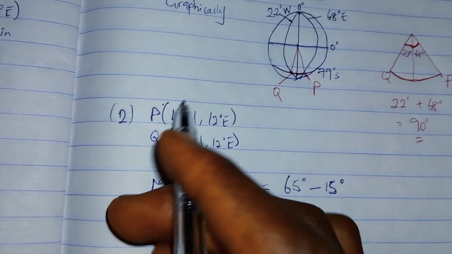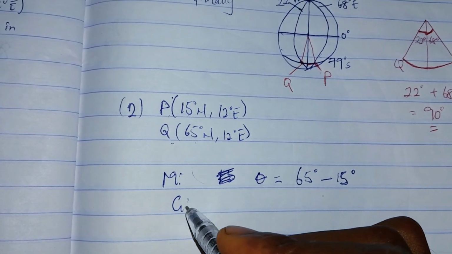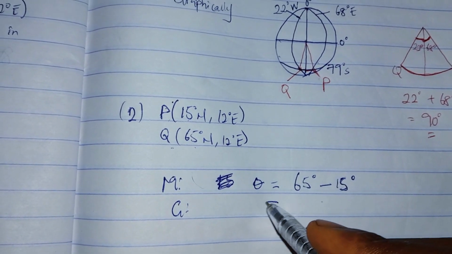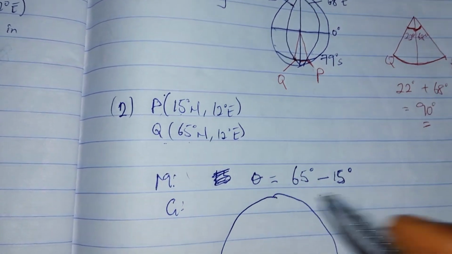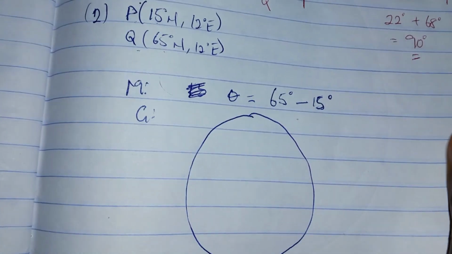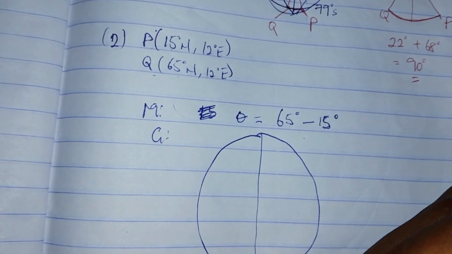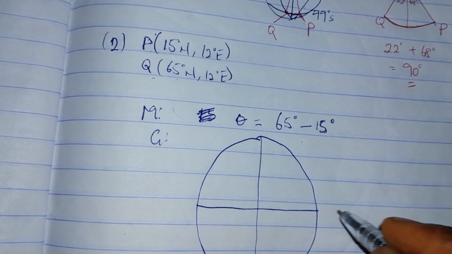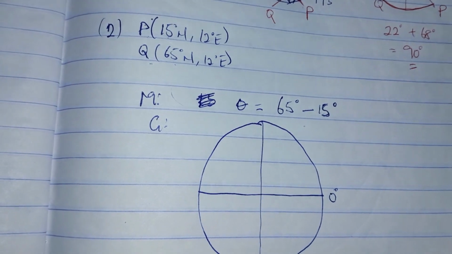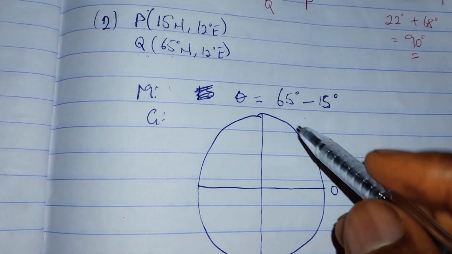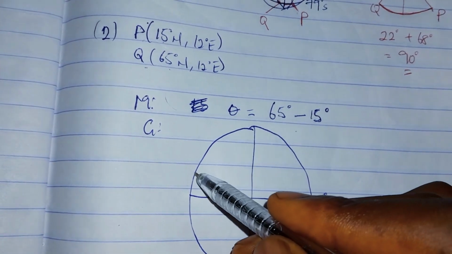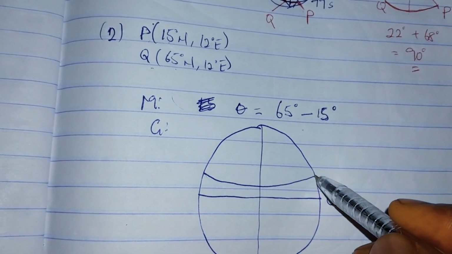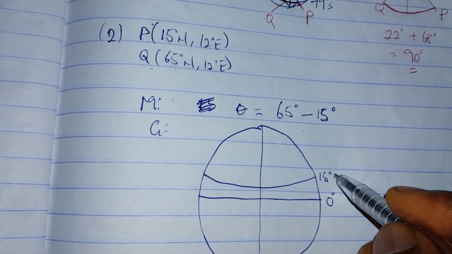Now, let's see it graphically very well. Graphically, how will it look like? Okay, let me try and open it up. So I have my Greenwich meridian. I have my what, equator. Then we have what, 15 degrees north, so very close to this guy here. This is 15 degrees north.